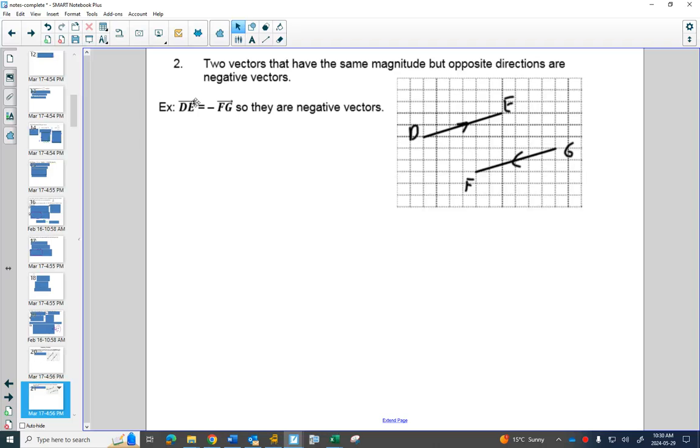If you wanted to make them the same, DE is equal to FG, but DE is equal to negative FG. Anyways, if they go in opposite directions, the one is the negative of the other one.